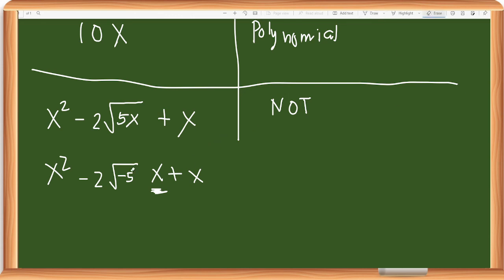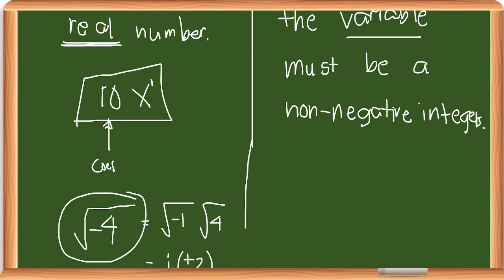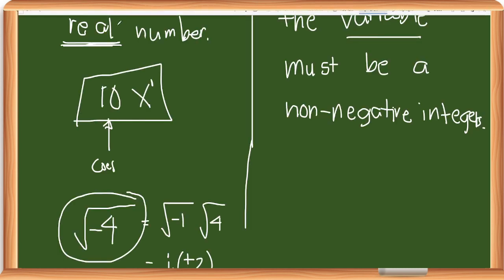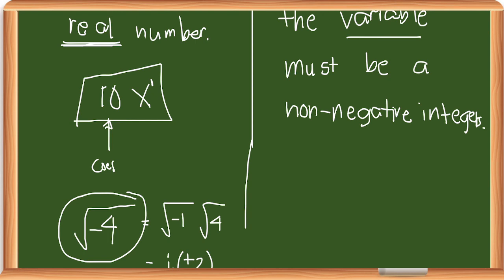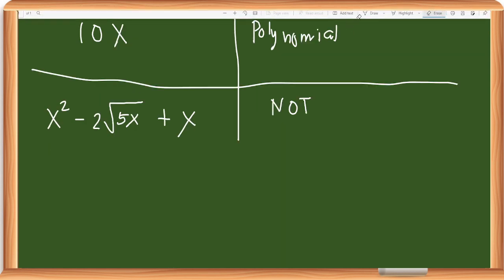That's how easy it is. So, that is all you need to remember when you want to identify a polynomial expression from a non-polynomial expression. Okay, let's have another example.